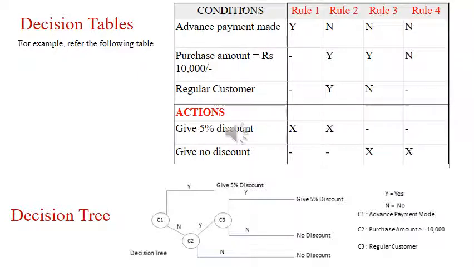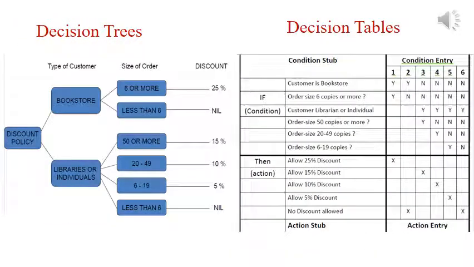We are taking a comparison of decision tree and decision table. We are taking another example of a decision tree and decision table. Here we have an example associated with a discount policy, which has two conditions. The first condition is bookstore, and the second is libraries or individuals.